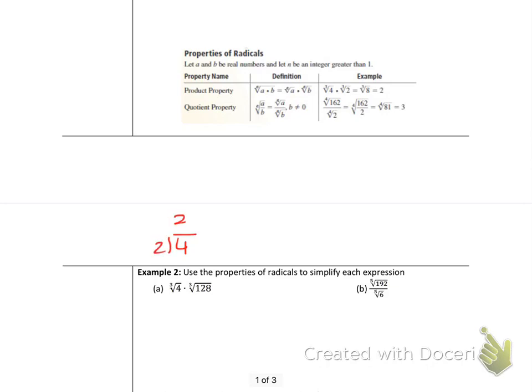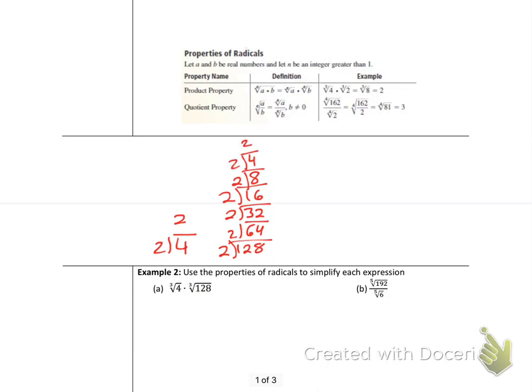All right, great. 128, however, is a little more involved. So 128 is divisible by 2, we get 64, which is divisible by 2, we get 32, which is divisible by 2 to get 16, which is divisible by 2 to get 8, which is divisible by 2 to get 4, which is divisible by 2 to get 2.